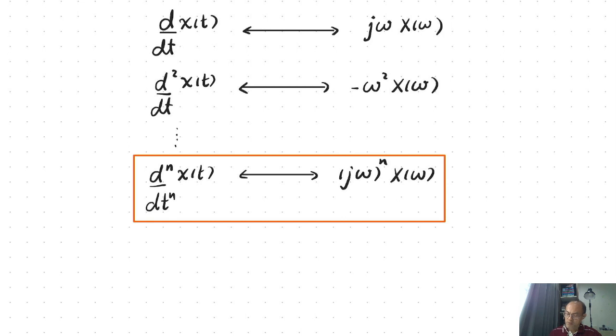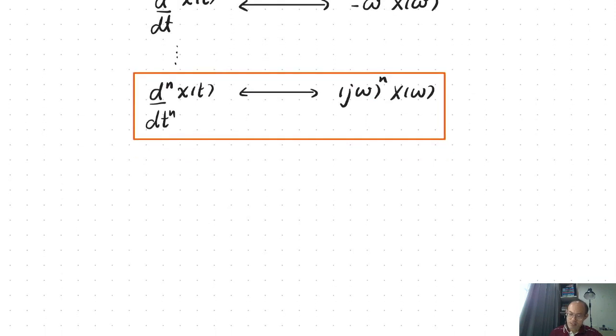Now we can use the time differentiation property to find Fourier transforms of some signals that are typically difficult to find directly. So let's look at an example of how to use time differentiation.